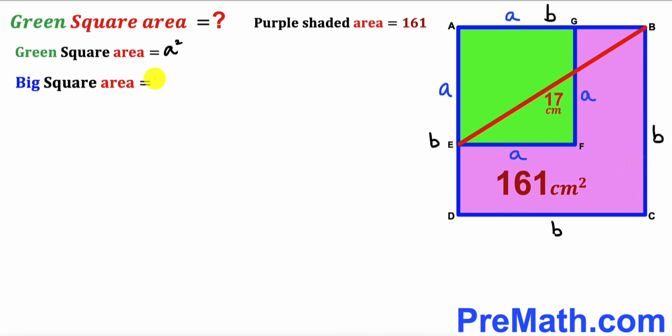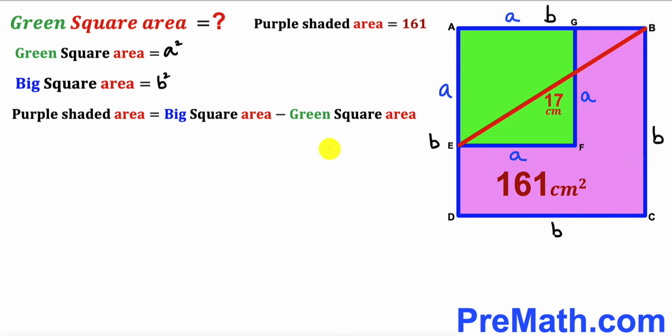So this big square area is simply b squared, since the side length of this big square is lowercase b. Since we are interested in the area of the green shaded square, which is a squared, our task is to find the value of a squared.